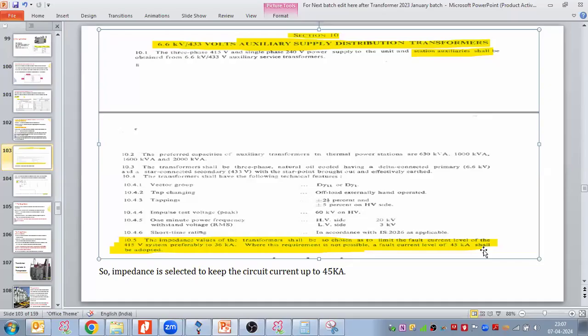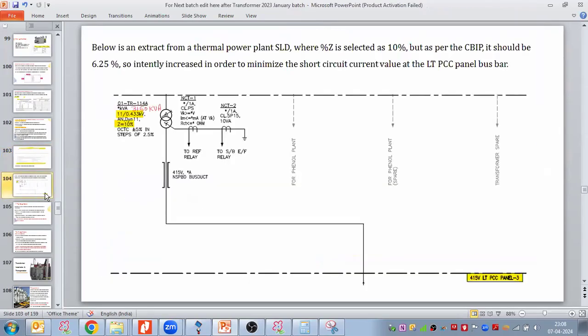It means the fault level at the 400 V side, generated by the transformer, should be less than 45 kA. So in that case, here I have an example: this is an 11 kV by 433 V system, we have 3150 kVA, and the percentage impedance we have taken is 10 percent.